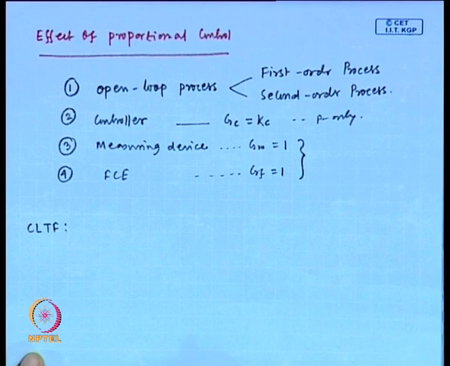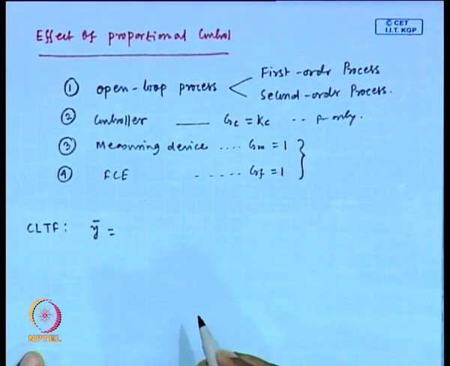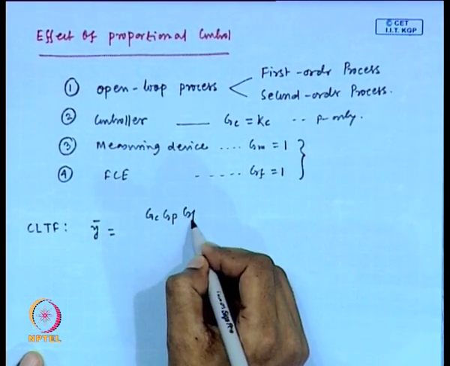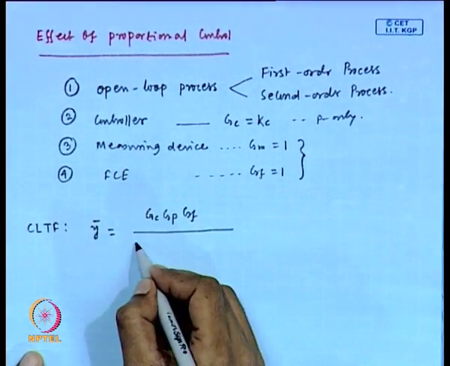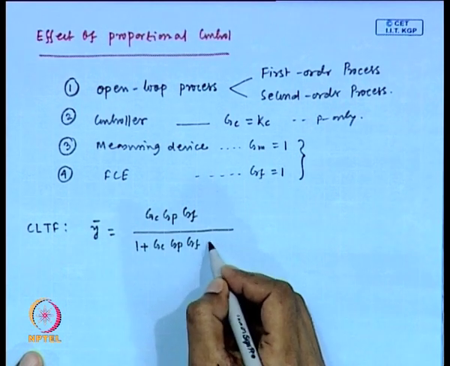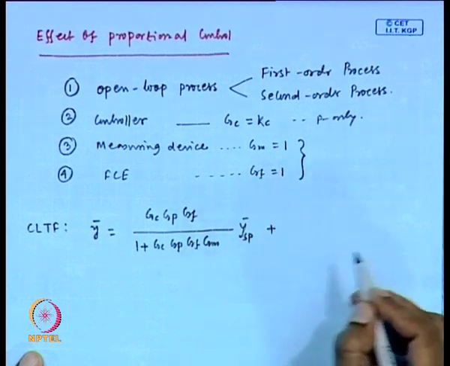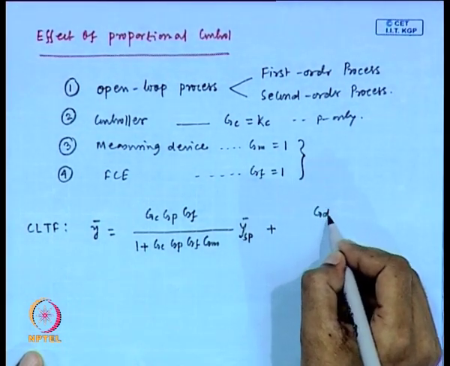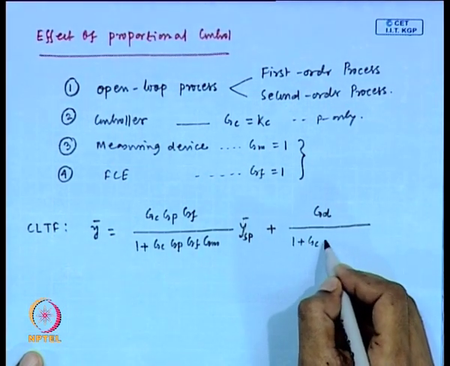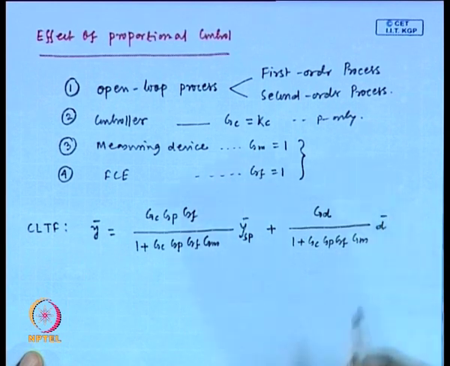The general form of closed loop transfer function is y bar equals Gc Gp Gf divided by 1 plus Gc Gp Gf Gm y set point bar plus Gd divided by 1 plus Gc Gp Gf Gm d bar.